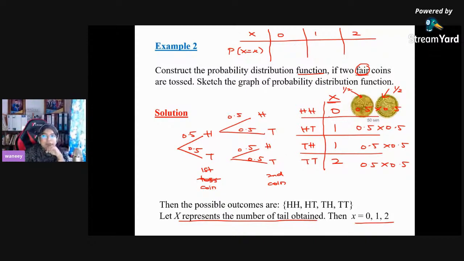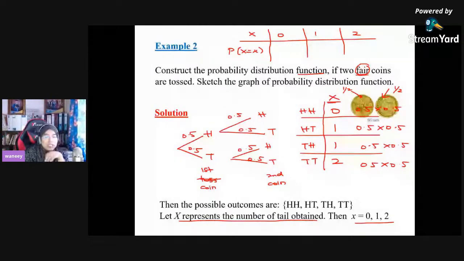How to obtain 0 tails? The only possibility is when I have head and head. So this is 0.5 multiplied by 0.5. Of course, you can use fractions as well. So half times half is 0.25 or 1 over 4.